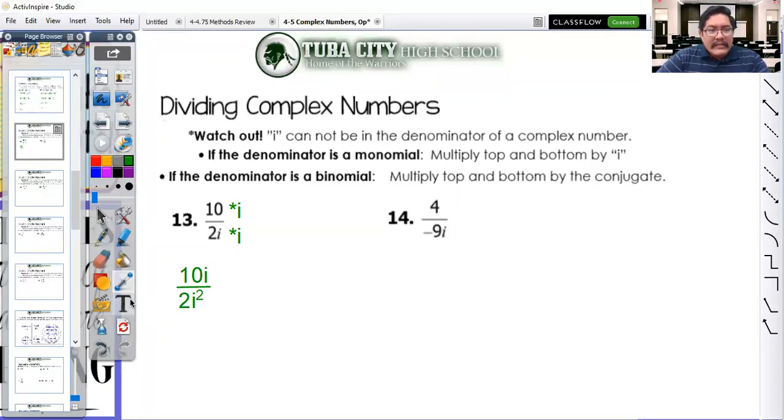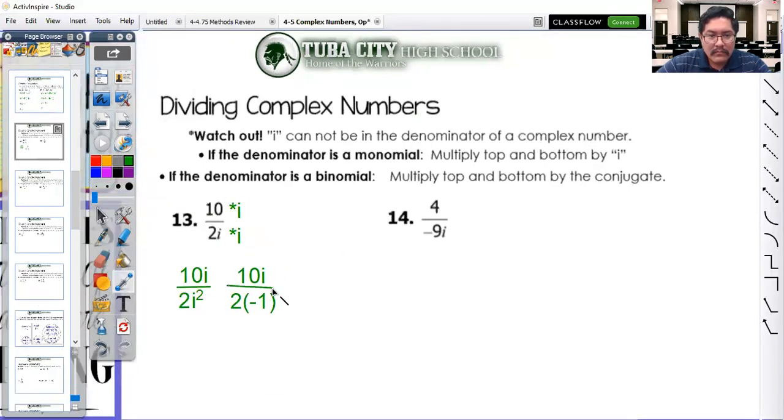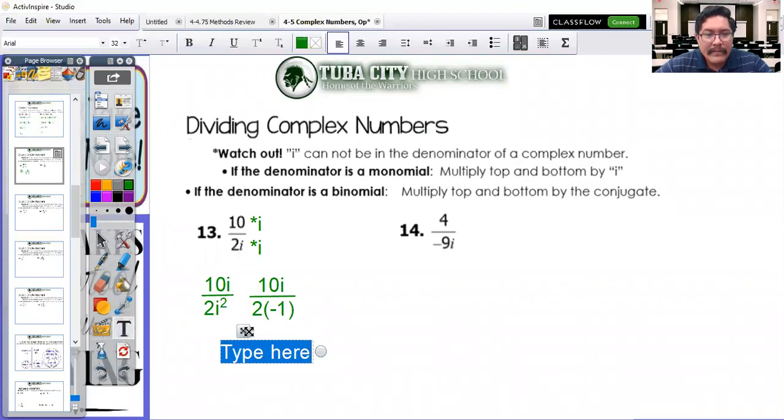Now, why we did that, because remember, again, the variable i cannot be on the bottom. So we end up with 10i over 2 times -1. So go from here to there, and again, since we multiplied it by i squared, that's going to turn it into a real number of -1. So there should not be any more.